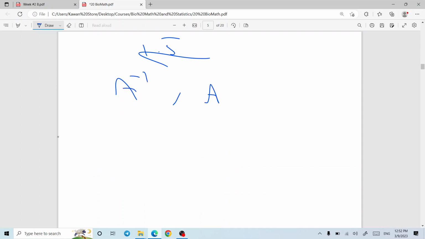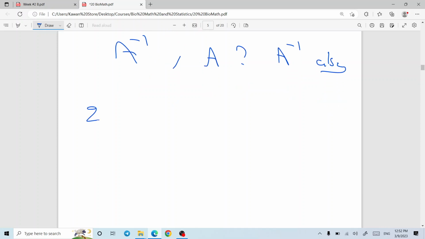If I have A, of course, sometimes A inverse also exists. So what do you mean by A inverse? If I have 2, I know I have an inverse that if I multiply, I will get 1. So what's the inverse of number 2 as a number? 1/2. Am I right?